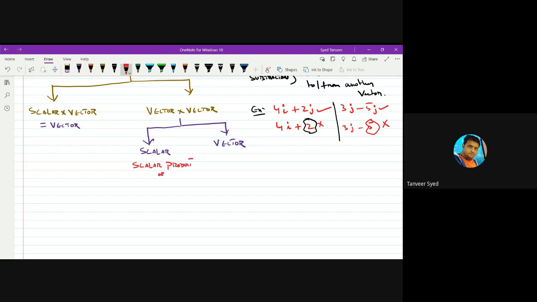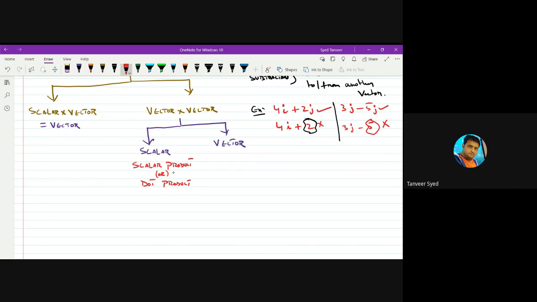Another name is dot product. What is this? If you multiply two vectors and the product is a scalar quantity, you call that method of multiplication scalar product or dot product.